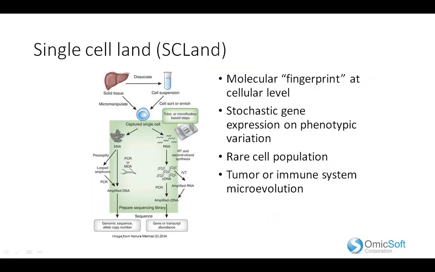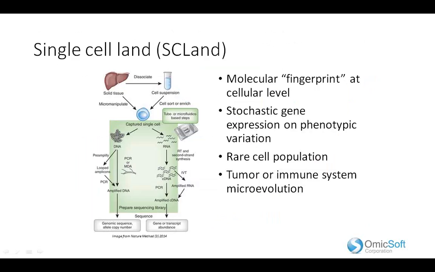For single-cell sequencing, this is a slide I took from Nature Methods. It shows a diagram of the steps of how single-cell sequencing is done. Our single-cell lanes mainly focus on single-cell RNA. DNA sequencing will probably follow at a later stage.